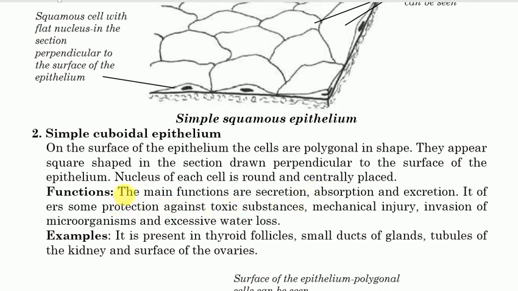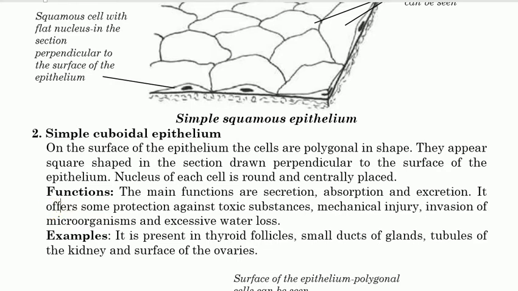On the function of these cuboidal epithelium, the main functions are secretion, absorption, and excretion. It also offers some protection against toxic substances, mechanical injury, invasion by microorganisms, and excessive water loss.